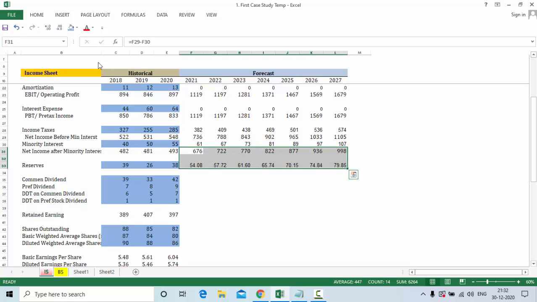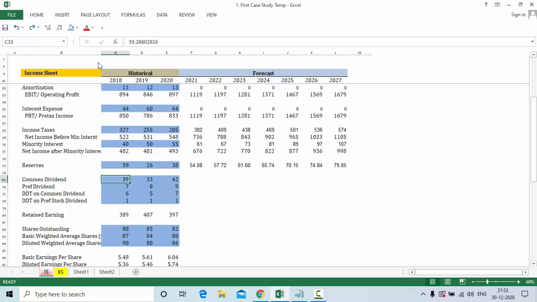There are multiple other ways of doing it. One of them is you can keep the reserve constant, like you had reserve of 38 in the last year, so you can keep it constant in the future also. But in our model currently we have taken reserve as a percentage of profit. So there are other ways also.